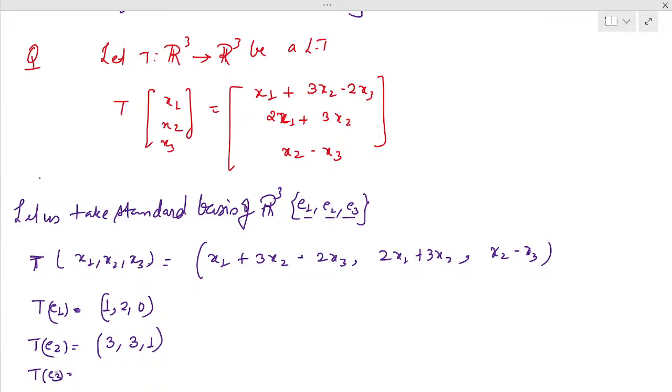Is that clear? T of e3 would be (-2, 0, -1), right?